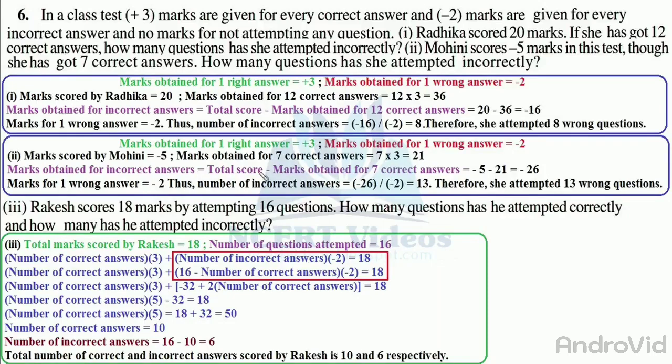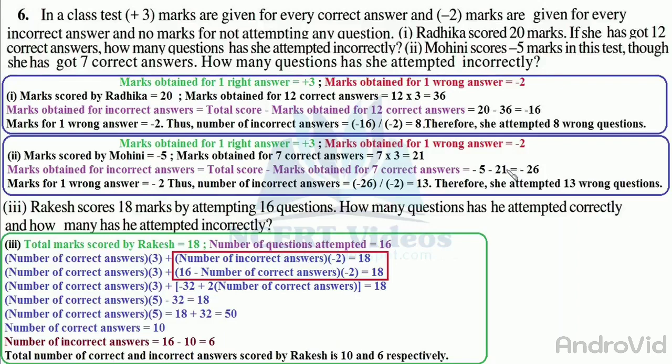Now again, using the same thing, marks obtained for incorrect answers will be the total score minus marks obtained for correct answers, which is 7 in her case. So minus 5 and minus 21 gives you minus 26. So it is just the same. You can think of it as, suppose you got 10 marks.